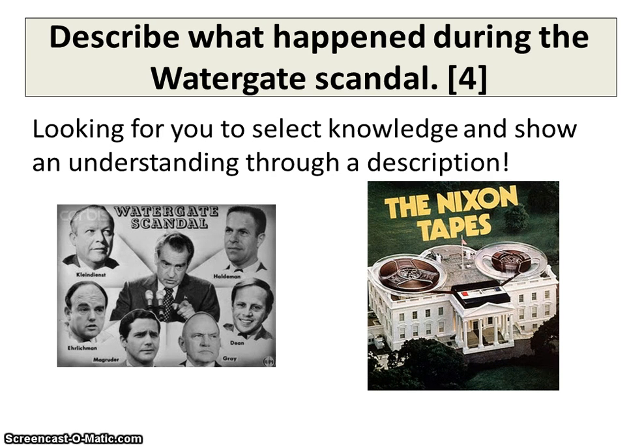But it was a massive scandal where the American people lost confidence in the president, which is the most powerful position in the world. But it was all about 5 members of CREEP breaking into the Watergate building to bug the building to get inside information on their election campaign. It was a big scandal, and that's where we get the term gate from on the end of scandals ever since.